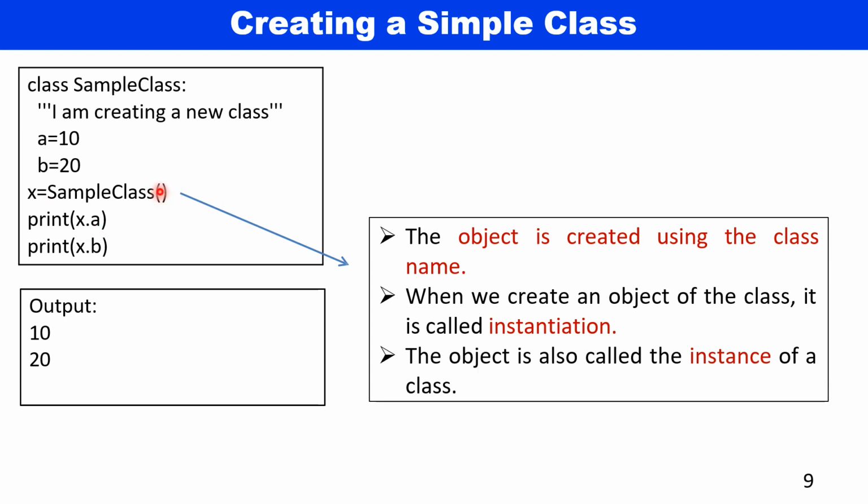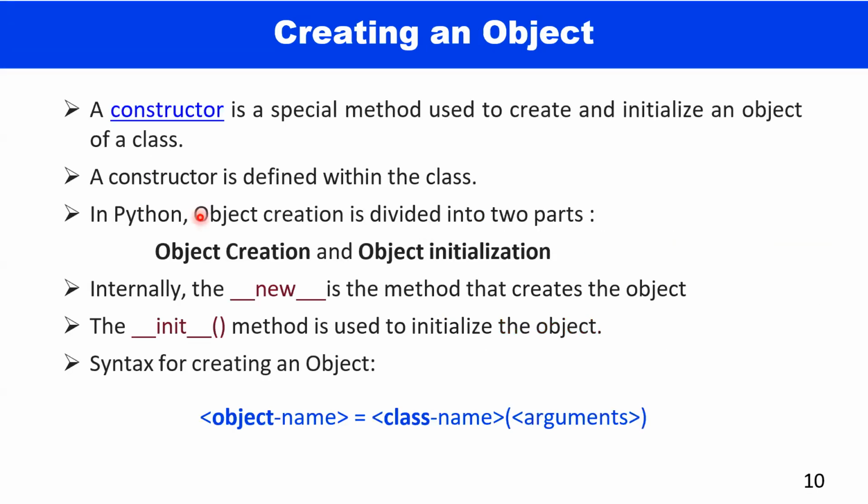So you can initialize the object with the values that are supplied by the user by using a constructor. You can alternatively create an object with some initial values of the user's choice by using a constructor. A constructor is a special method used to create and initialize an object of a class.